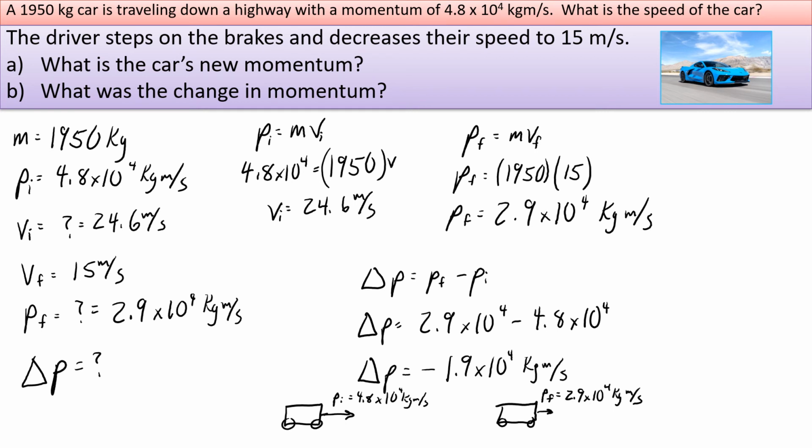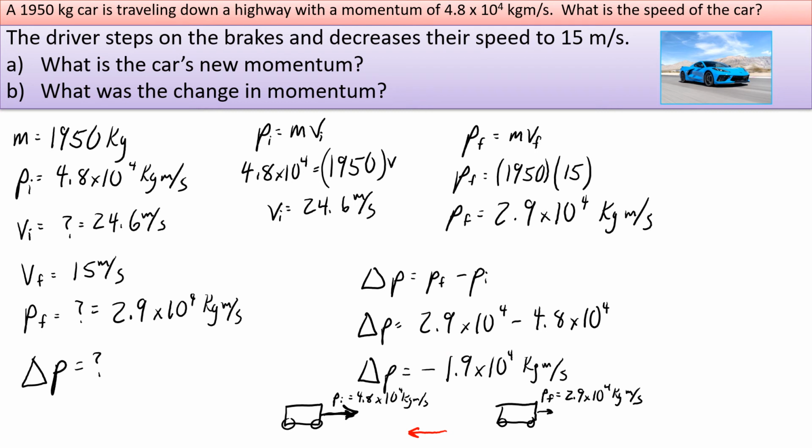This is a larger vector, that's a smaller vector. So the momentum decreased because you pressed on the brakes, exerting a force in the opposite direction, slowing you down, which is why the change in the momentum is in the negative direction.